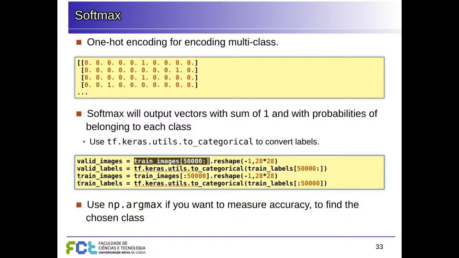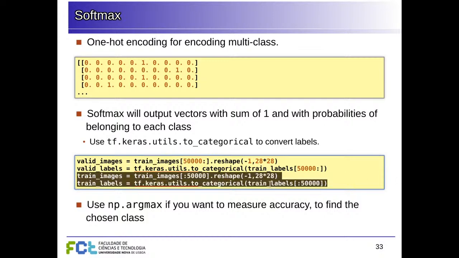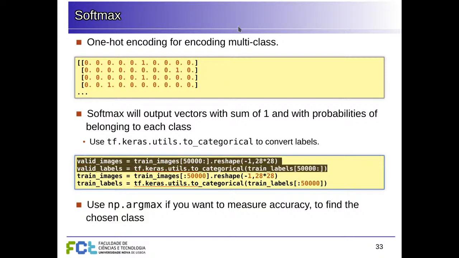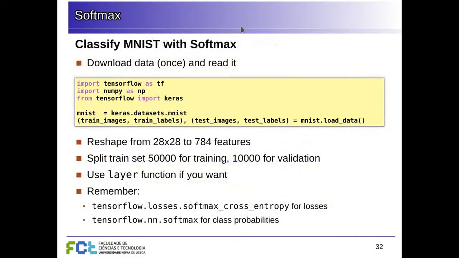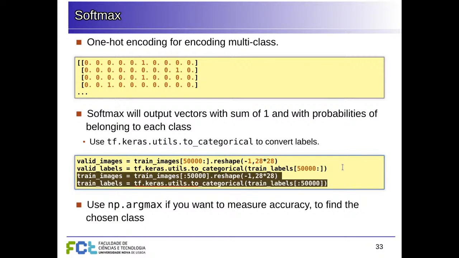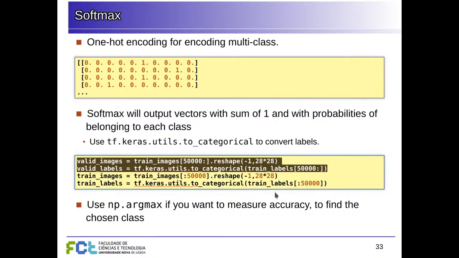So you keep 50,000 for training, and then the others for validation here. I think the training images here are 60,000. So if you do it like this, you get 50,000 for training and 10,000 for validation.